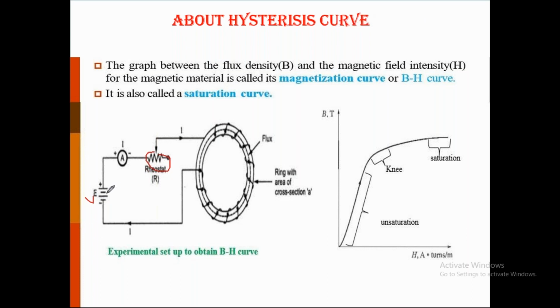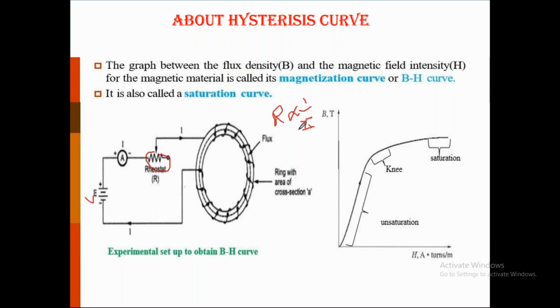Now let me see how this graph will occur. When we apply the voltage, the current will flow through the circuit. At starting we have to keep the maximum resistance. Why? Because we have to control the current. The control of current is directly with respect to the resistance, because both are inversely proportional. If the resistance value is more, the current will be reduced. So at starting we have to keep more resistance, then it will reduce the flow of current.